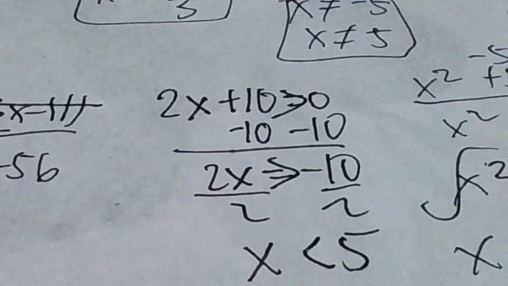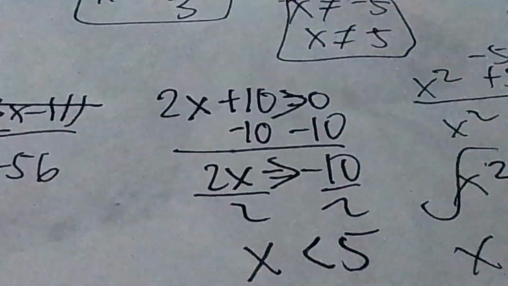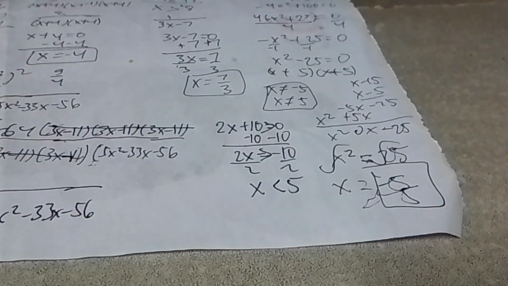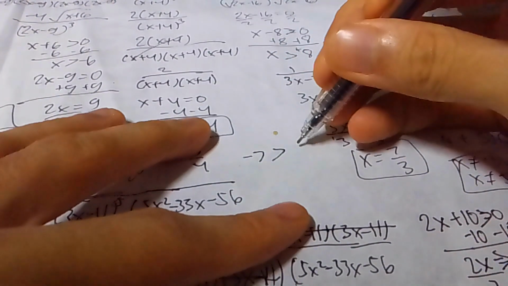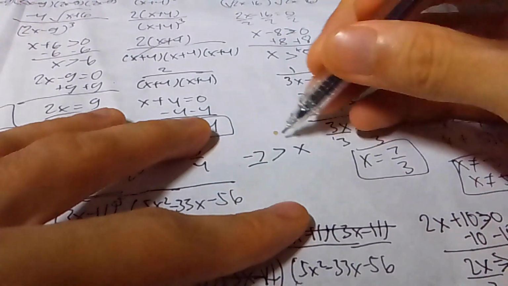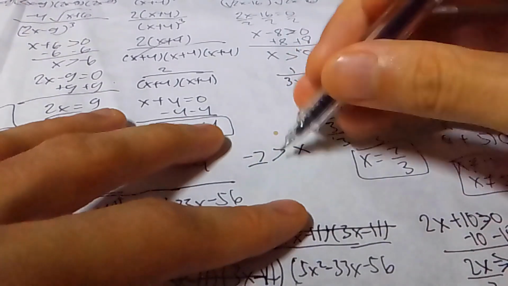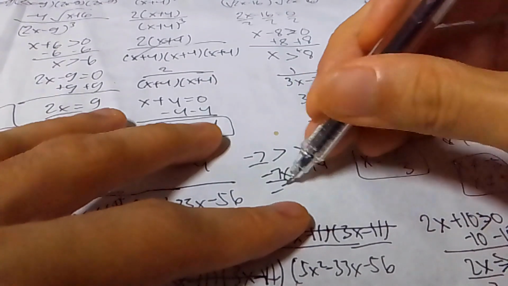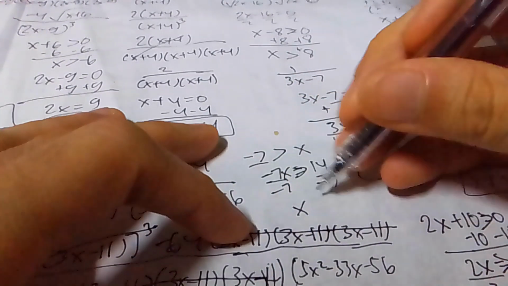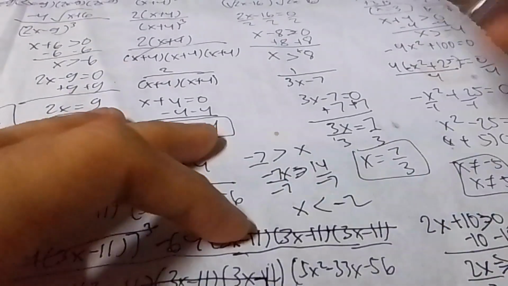Let's say, for example, remember, if you have something like this, negative 7x equals 14, then you divide both sides by negative 7, therefore x must be flipped to negative 2.